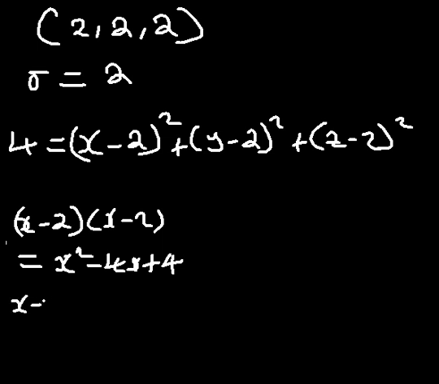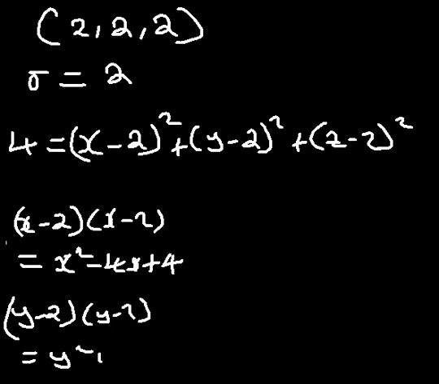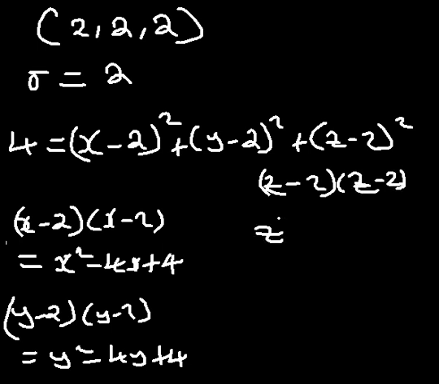And (y - 2)(y - 2) will give us y² - 4y + 4. And how about the z? (z - 2)(z - 2) gives z² - 4z + 4. That is the essence.